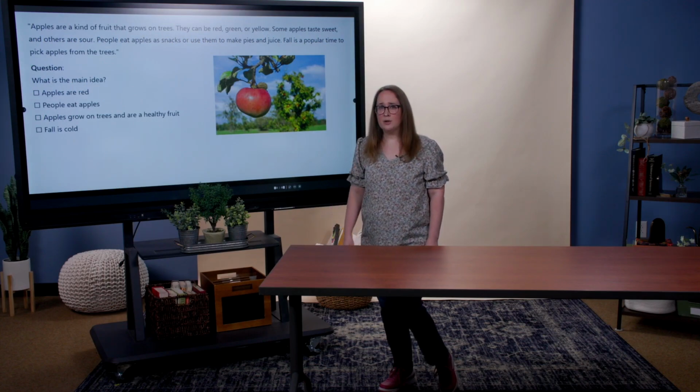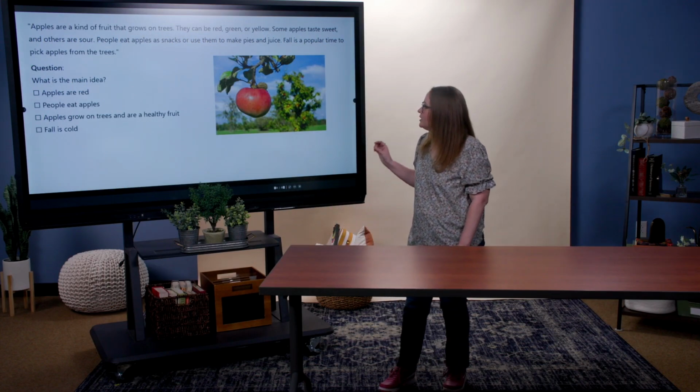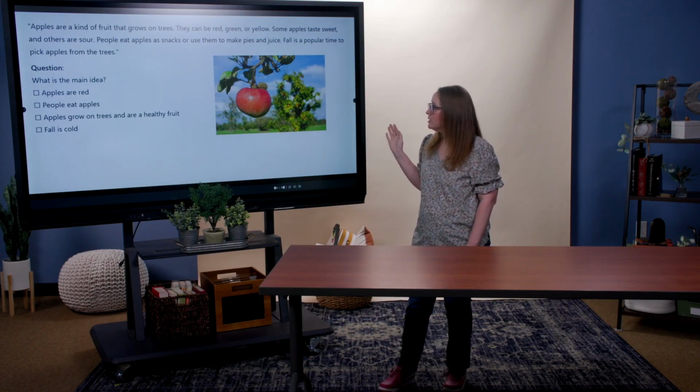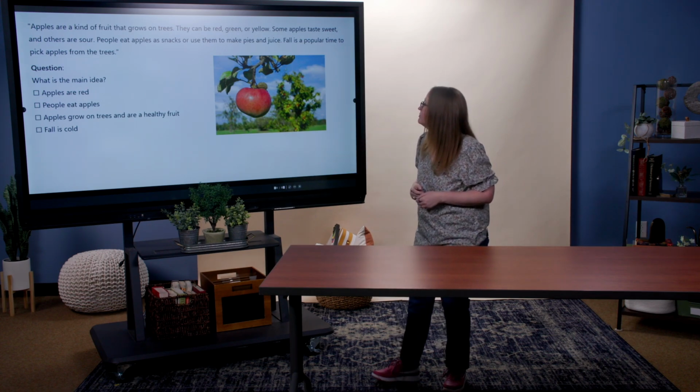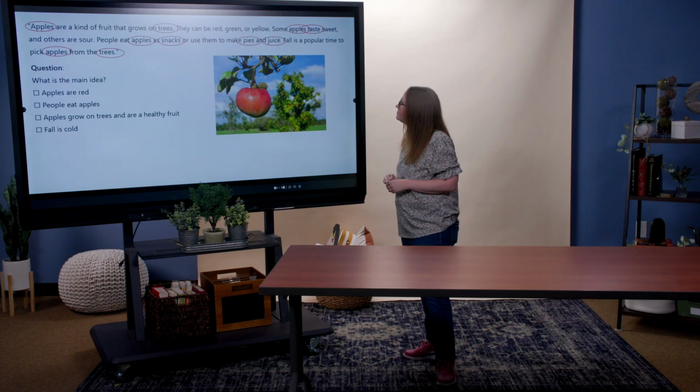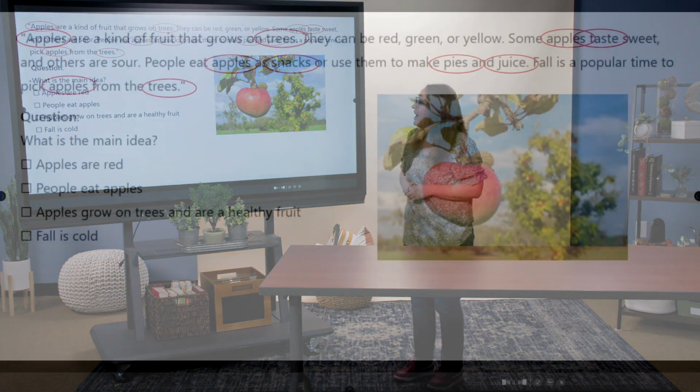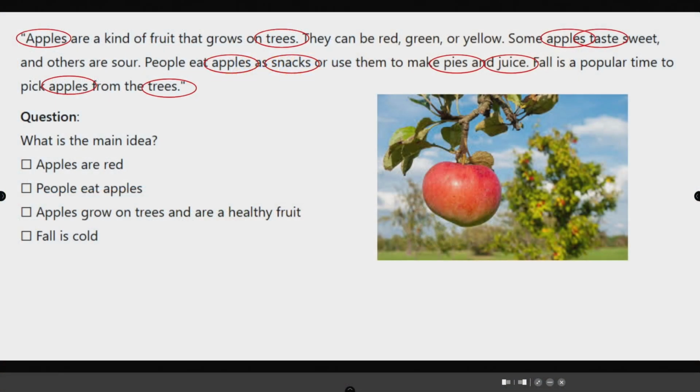Before we try to get to an answer, let's see if there are any words that repeat themselves over and over again. I see the word apples 1, 2, 3, 4 different times. So I'm thinking apples might be in our main idea.